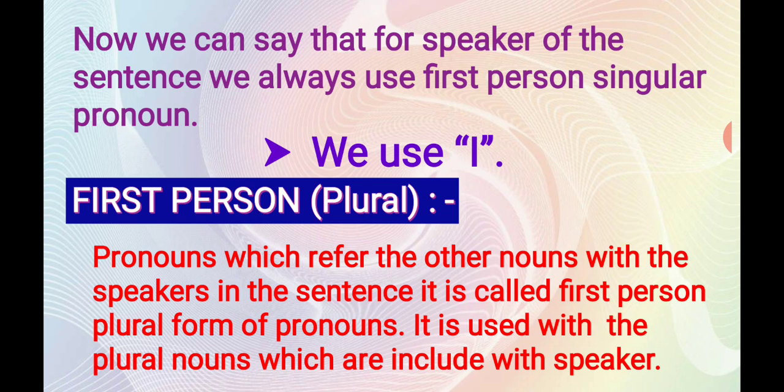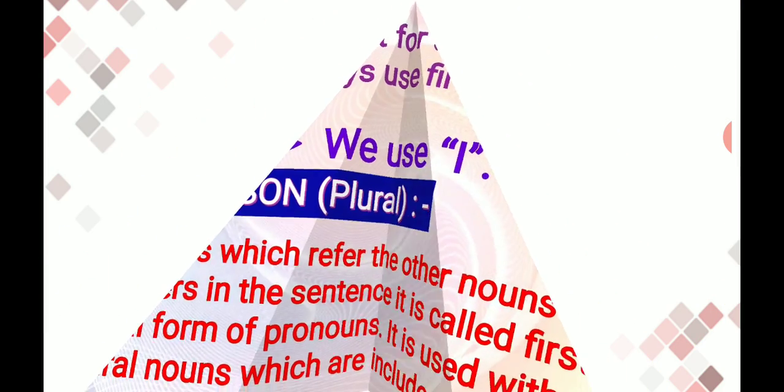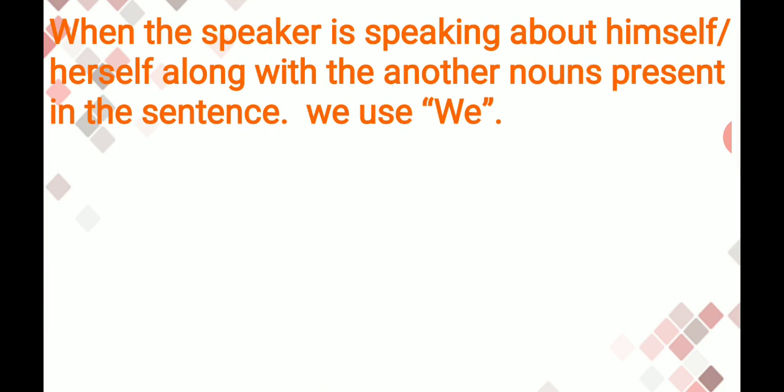We are talking about the first person, second person and third person, but I am also included and I am speaking also. At that time, we use the first person plural pronoun. And what is the first person plural pronoun? When the speaker is speaking about himself or herself along with other nouns present in the sentence, we use we.